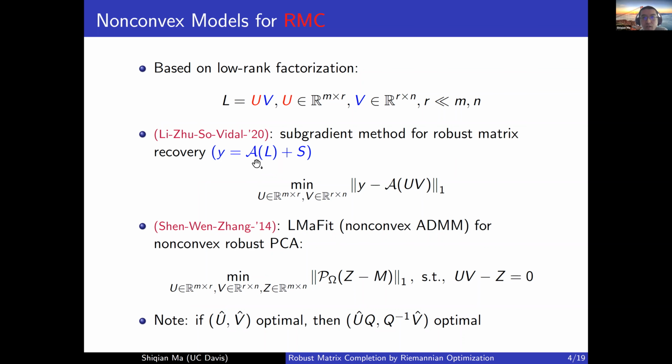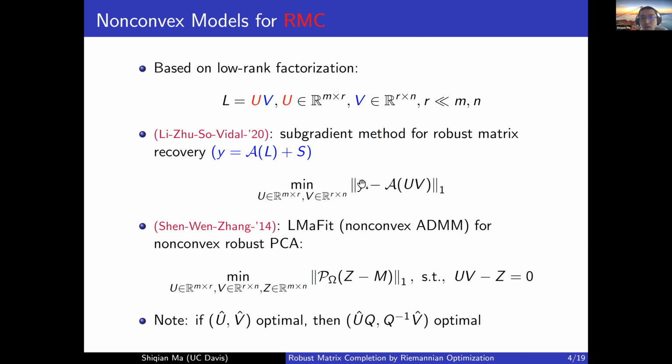A is known. Then you have some sparse noise, and Y is your observation. So A and Y are known, and you want to recover this low rank matrix L and also the sparse noise S. Okay, so they formulate this problem in this way.